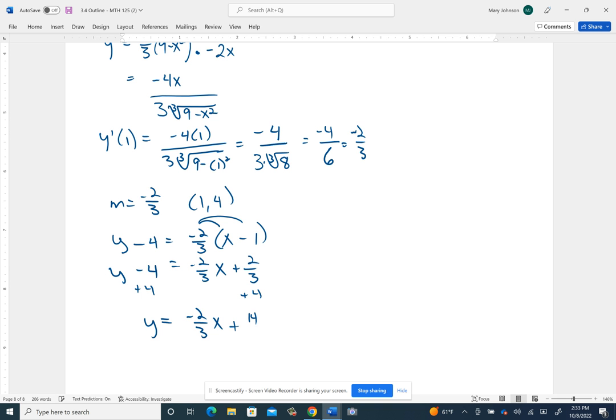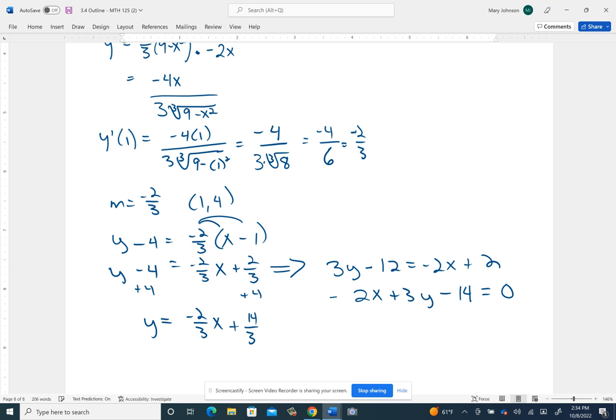So that'd be plus 14/3. Now what you'll probably see them do, if you're looking in the back of the book, is they'd get rid of the denominator by multiplying by 3 everywhere. Then they'd bring the 2x over here by adding it to both sides, and they'd subtract 2. And they'd wind up with it looking like that.